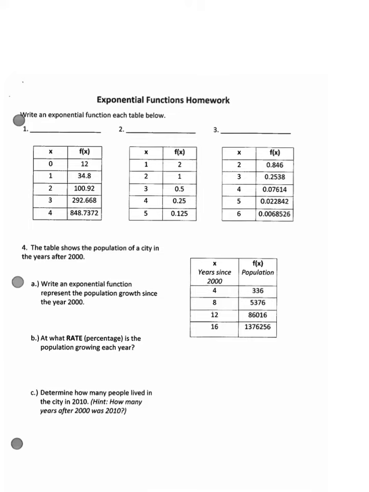Okay, so any exponential function is always going to be in the format f of x equals a times b to the x power. We call it exponential because of that variable in the exponent.